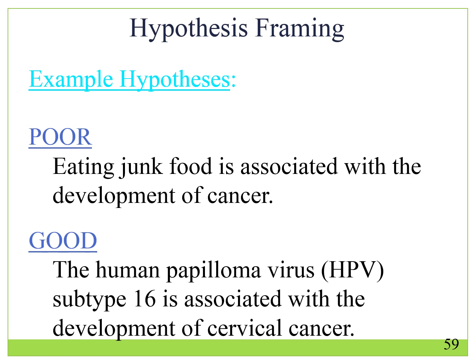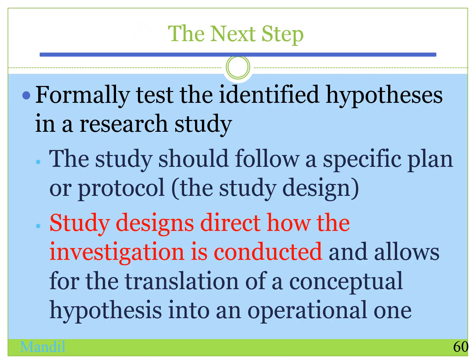Zoom very deep into what that is associated with, like breast cancer, colon cancer. So a good one: the human papillomavirus HPV subtype, a very specific virus, is associated with the development of cervical cancer, a very specific cancer. So your hypothesis must also be specific and clear.